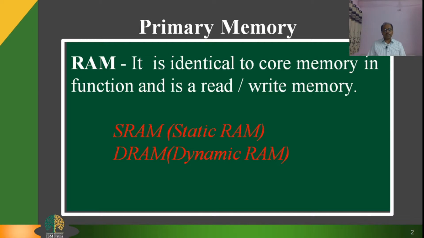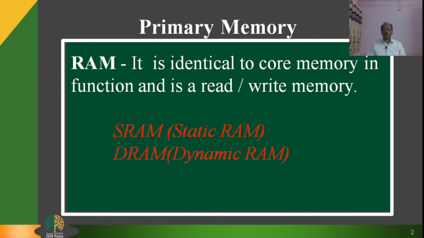The other part of the primary memory is ROM, read only memory. The stored elements in the ROM are not available to the user. These elements contain certain pre-coded instructions which are used by the computer.